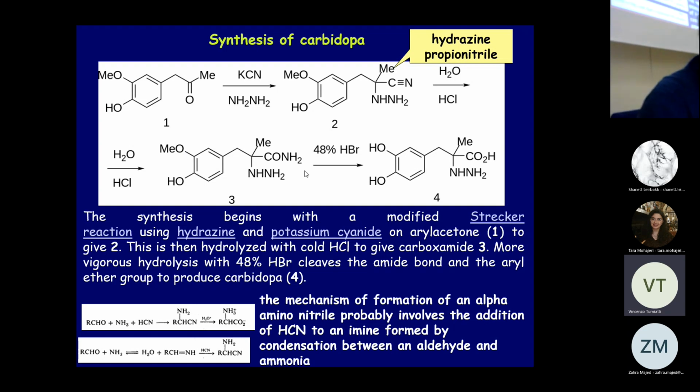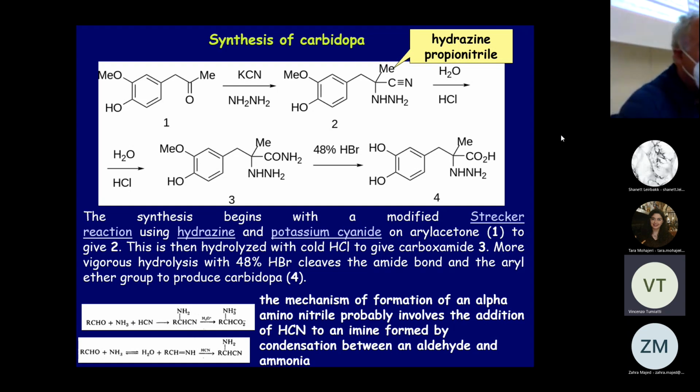This acid is able to hydrolyze the amide to carboxylic acid and to hydrolyze to release the phenolic OH in 3 position. So this is the reaction to give carbidopa.